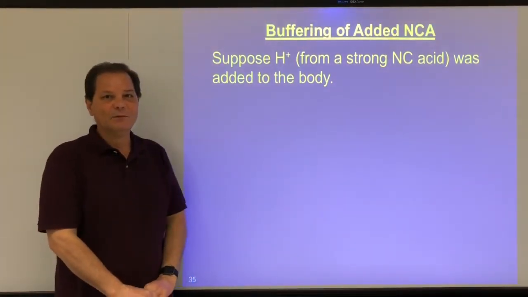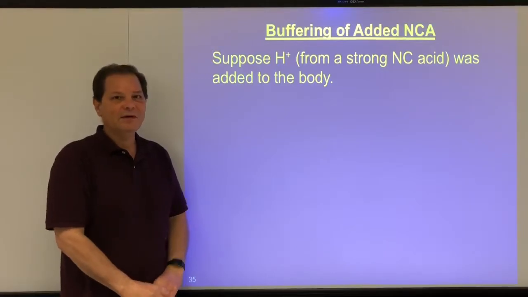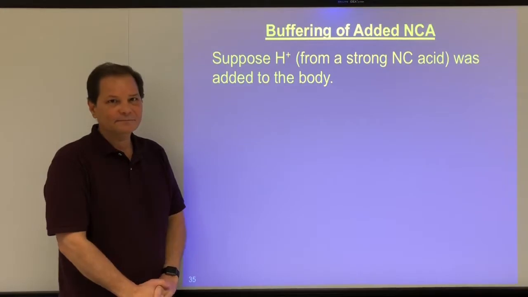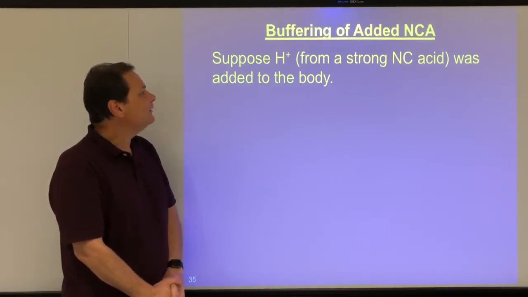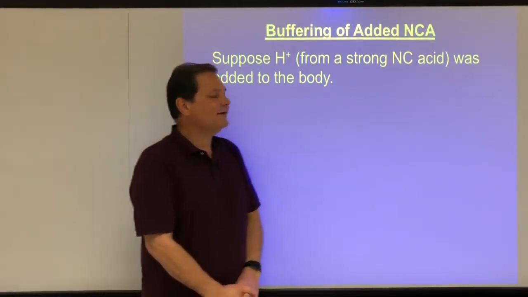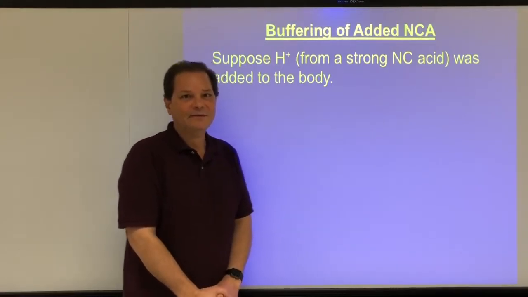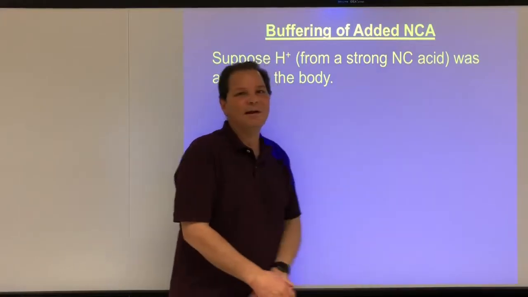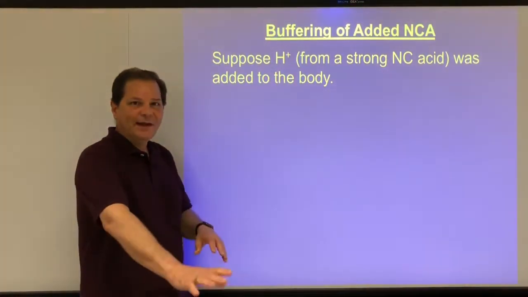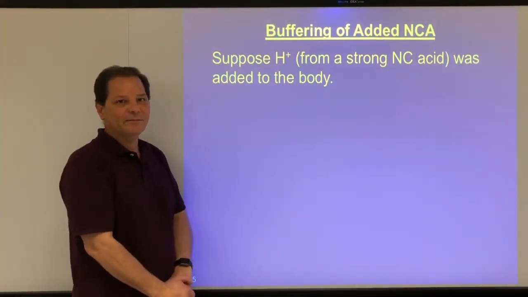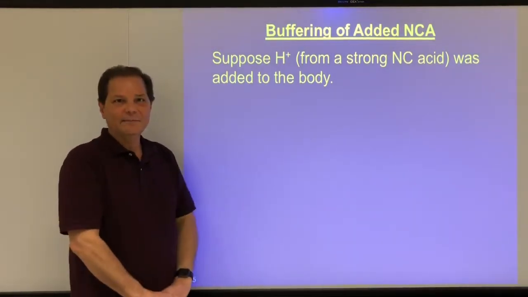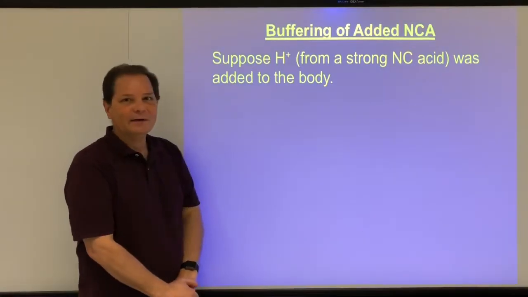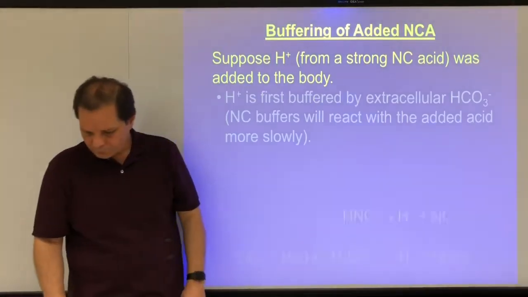It is a non-respiratory acidosis because it's caused by something other than carbon dioxide, and it's caused by something other than a lack of bicarb, because that is also part of the carbonic acid system. So this is acid that's not part of that system, something like lactic acid. So let's say this is lactic acid and we add it.